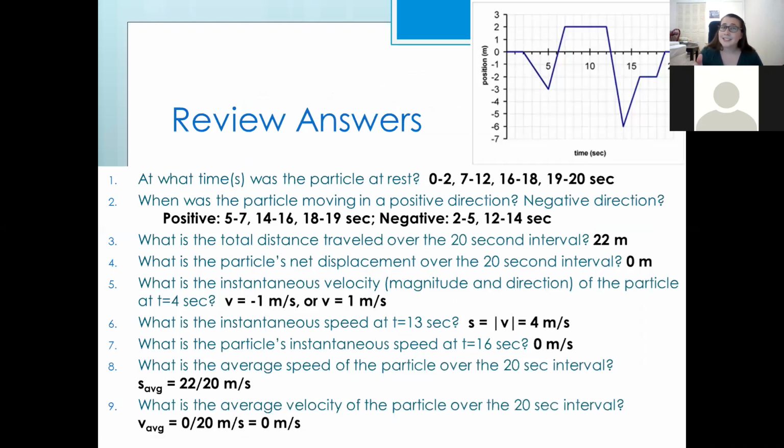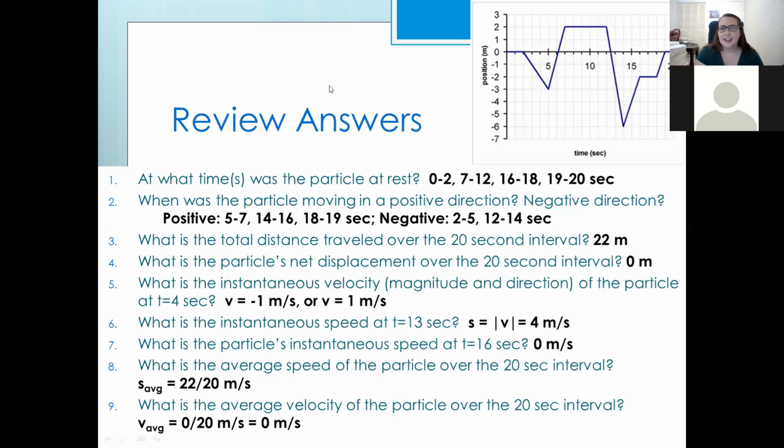Remember, total distance doesn't care about the direction, it just cares about the magnitude, because displacement is the vector. That's the one that cares about the direction. Right, so we have 3 meters, and then it jumps from -3 way up in the top there. It's cut off on my screen, but hopefully you can still see it.